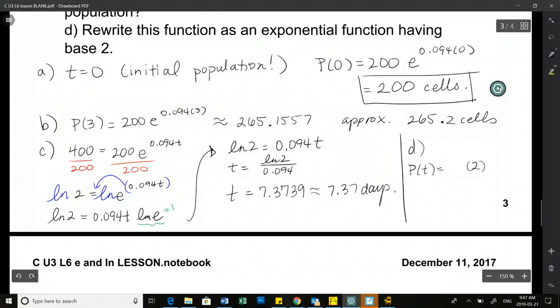We still have an initial population of 200 cells, and then I need to fill in this exponent. Usually this exponent is total time over the doubling period. How long does our population take to double? That's my doubling period, so it's about 7.37.